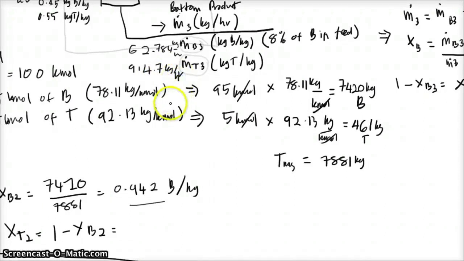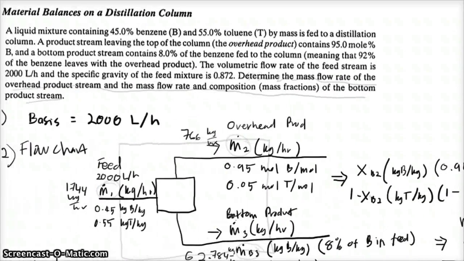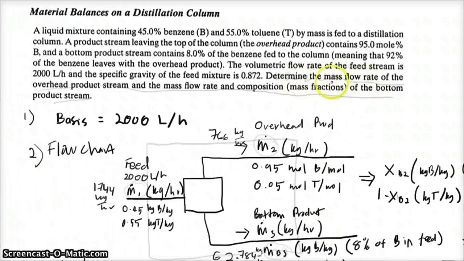Alright. So then we can solve the final question. What's the question again? Determine the mass flow rate of the overhead product stream and the mass flow rate and composition mass fraction of the bottom product stream.